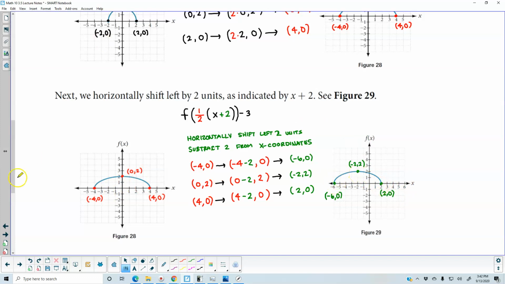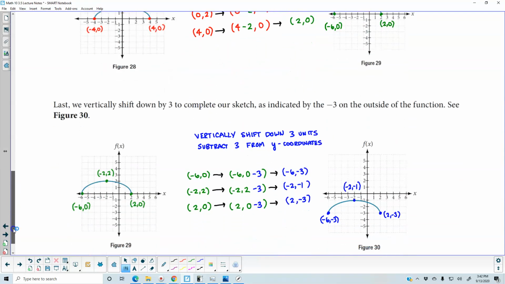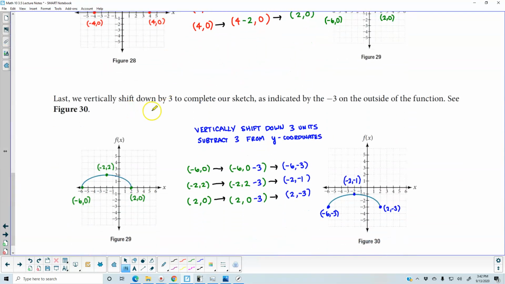So you can see here that now this has shifted over 2 units, because you have -6, 0, -2, 2, and then 2, 0. And then last, we want to vertically shift down by 3 to complete our sketch, as indicated by the -3 on the outside of the function. So we're going to vertically shift down 3 units by subtracting 3 from the y coordinates.